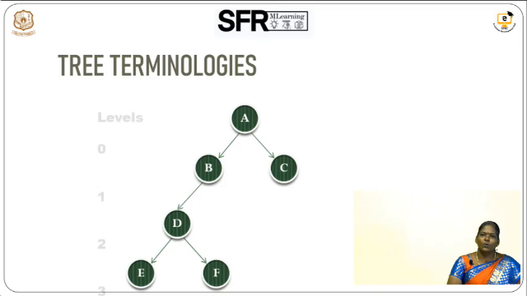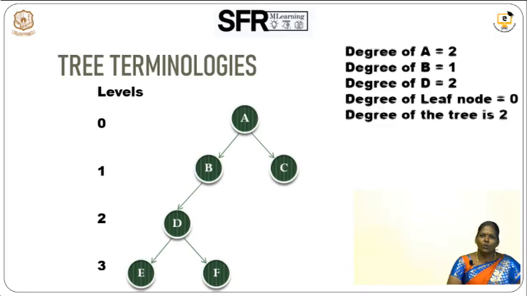Apart from these, we have some other terminologies. One is the levels. Each and every node comes under one level. For example, the root node always starts from the 0th level. Here in this tree, B and C come under the first level and E and F come under the third level. Depending upon the levels, we have some more terminologies. First one is the degree.